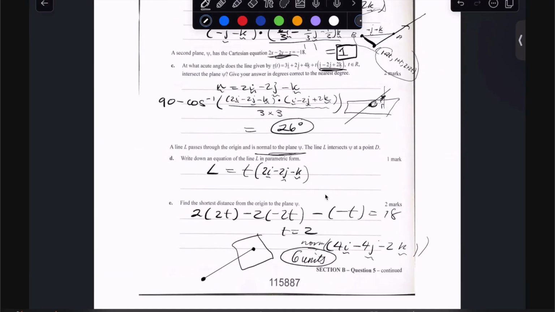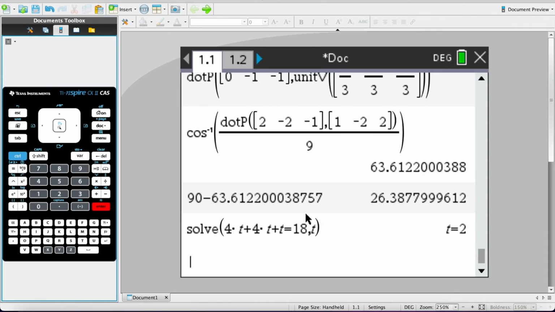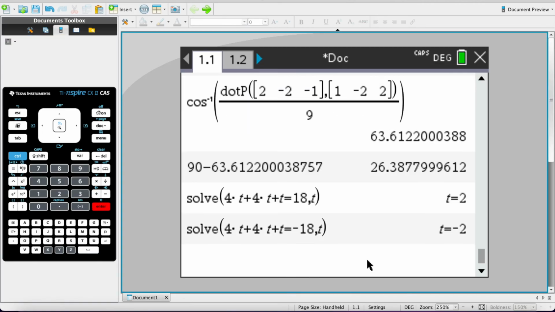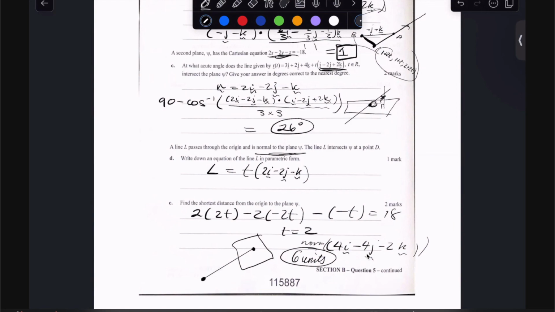Whoops, I did 18. So it should be negative 18, so t is negative 2 here.